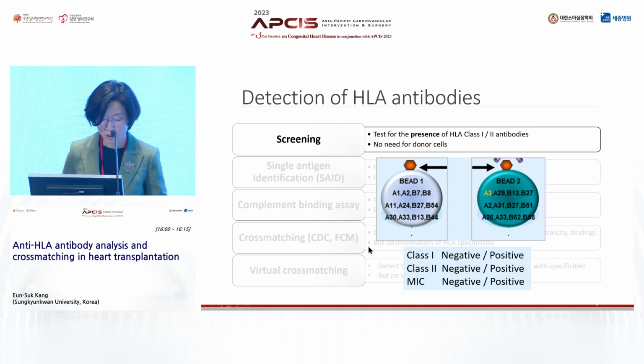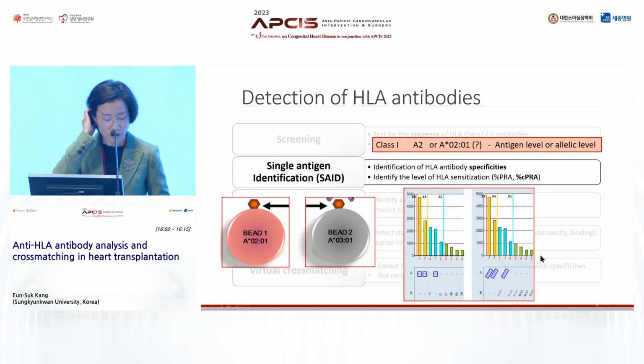For instance, microbeads are coated with multiple pools of multiple HLA class 1 or class 2 antigens, making it impossible to pinpoint the specific HLA antigen reacted with antibodies in patient's serum. Therefore, subsequently, the HLA antibody identification test using microbeads coated with single specificity antigens is needed.